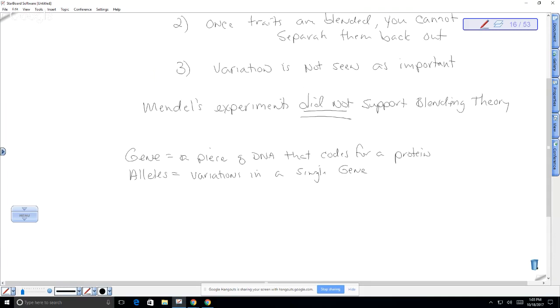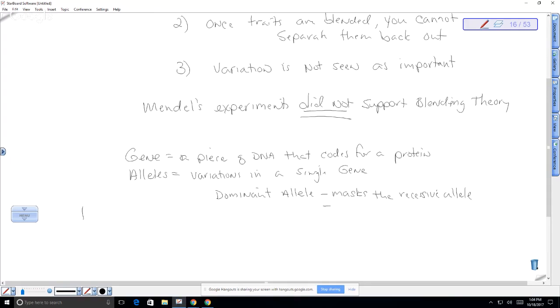Right? And we now know that what he had experimented with was this idea that we have a dominant allele that can mask the recessive allele. So this masks. You can't see that the recessive allele is there. The dominant allele is a capital letter.